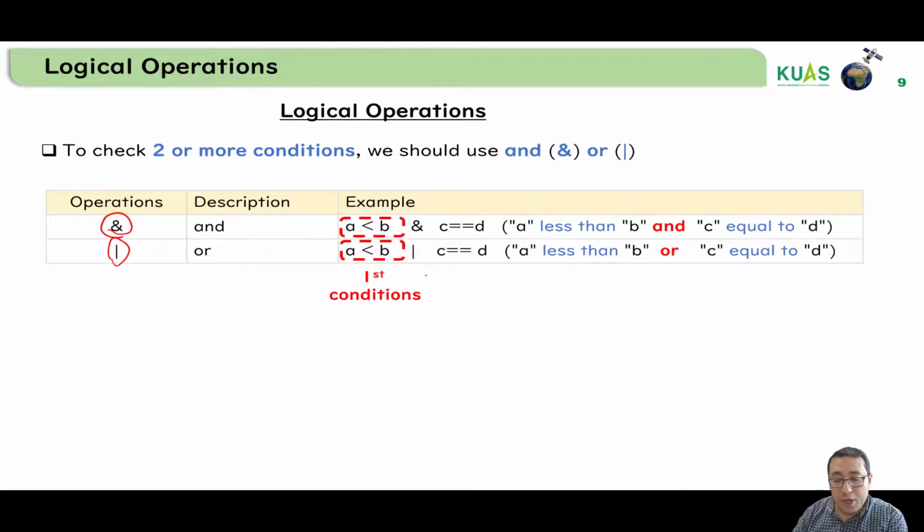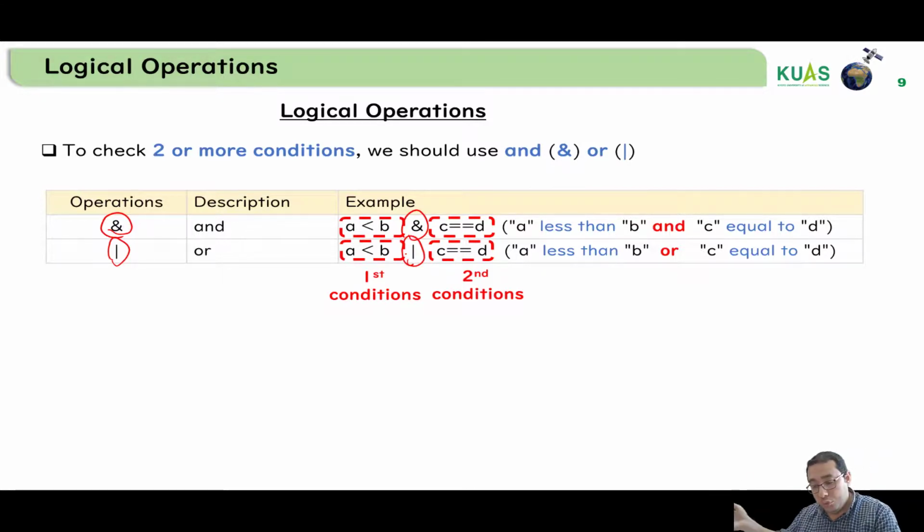The first one is the first condition, and the second one is the second condition. So both AND and OR check two conditions or more. So for the first one, we check A less than B and C less than D. For the second case, we check A less than B or C less than D.